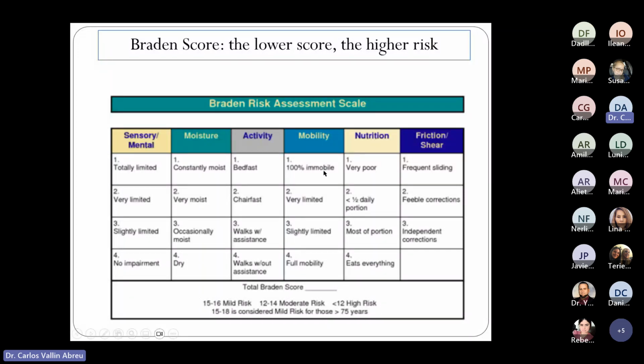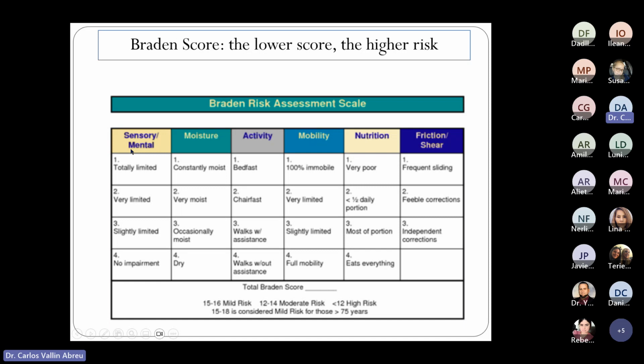So you don't need to memorize the Braden scale, but you need to know that it's called the Braden scale. And you need to know that it's an assessment instrument that tells you, oh, this patient doesn't have risk of pressure ulcer, or oh, this patient has, yes, risk for pressure ulcer. I need to start interventions to prevent the pressure ulcers.